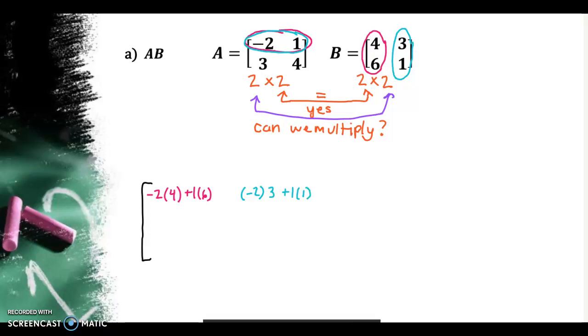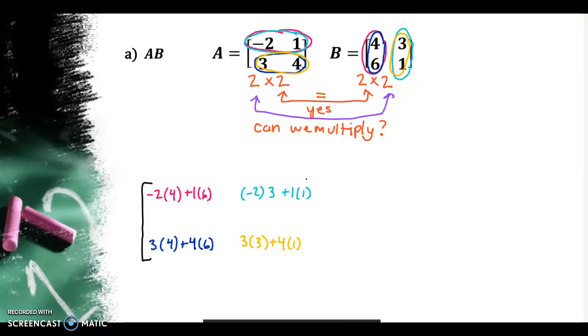Now for the second row, we're going to take the second row of A and multiply it by the first column of B to get our second row, first column entry in AB, which is going to be 3 times 4 plus 4 times 6. Now the last one, we're going to take the second row of matrix A and the second column of matrix B, and that's going to become the second row, second column entry in our AB. So this is 3 times 3 plus 4 times 1.